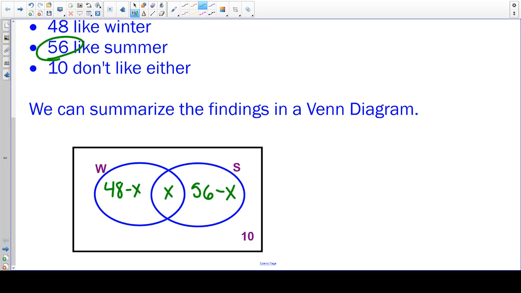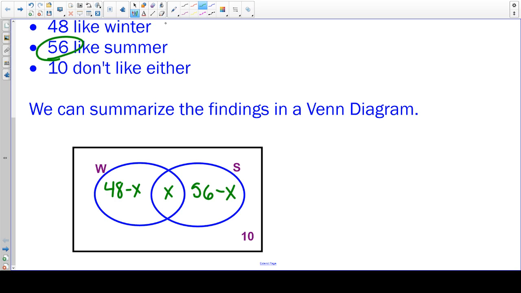Now, here's what I also know. I know that the number of people in those 3 parts of the Venn diagram is going to add up to what? It would be 100, except that there's 10 people already outside that don't like either, so it's going to add up to 90.